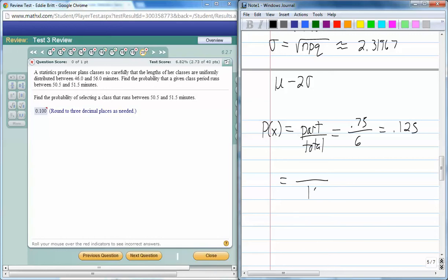So the total interval here is 10 minutes. Find the probability that a given class period runs between 50.5 and 51.5 minutes. Alright, so how many minutes are between 50.5 and 51.5? Just 1 minute. So 1 divided by 10, or 1/10. Round to 3 decimal places. So 0.100.